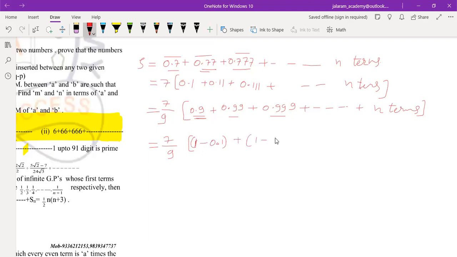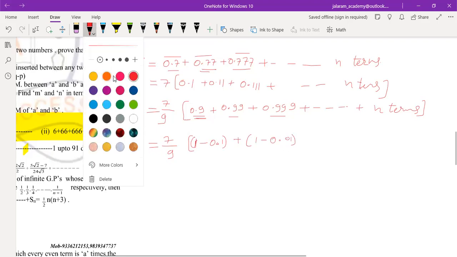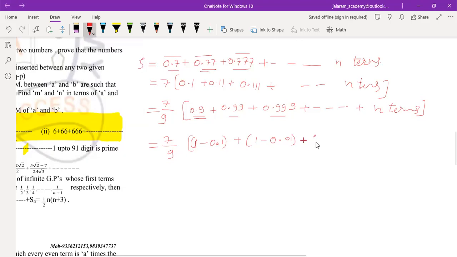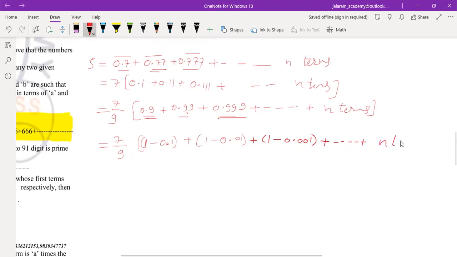Plus 1 minus 0.01, which gives 0.99, and for 0.999 we write 1 minus 0.001, and we have to find it up to n terms. Now first we write all the ones in the first bracket, 1 plus 1 plus 1 and so on up to n terms. The sum of this will be n only.